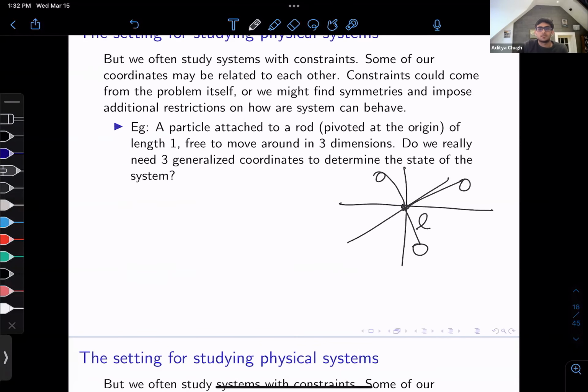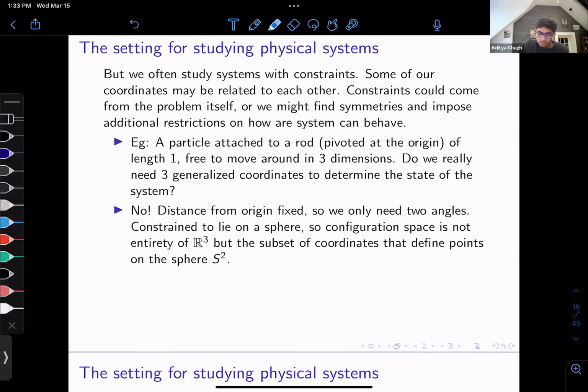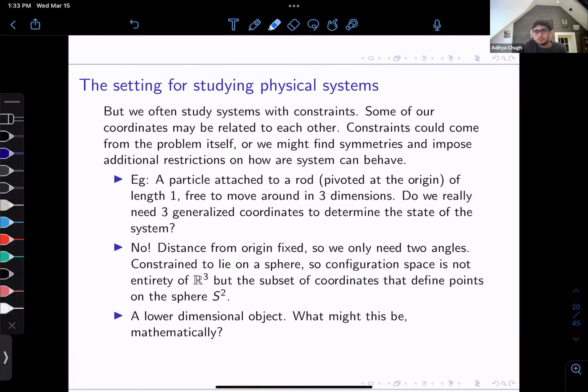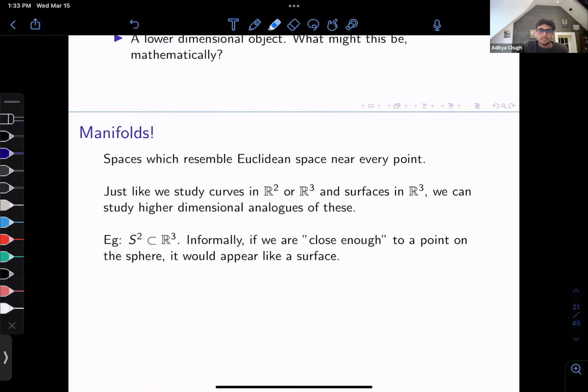Once you set up your coordinate system, say this angle from the x-axis, this angle from the z-axis, that will help you determine the state of your system. And then the configuration space is not the entirety of R^3, but the subset of coordinates that define points on the sphere S^2. So this is a lower dimensional object. And what might this be mathematically? Well, manifolds.